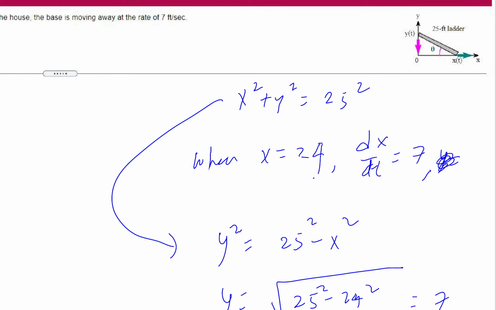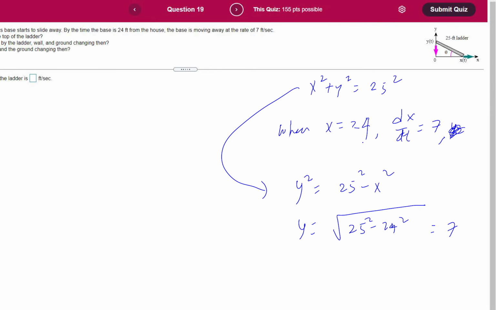So we have to answer this question when the x value is 24 and the rate of change of x with respect to time is 7. That's what is given here. We need to find the value of y, which is the height of the ladder. By using this formula, it will be the square root of 25 squared minus x squared. So eventually it's the square root of 25 squared minus 24 squared, which is 7.